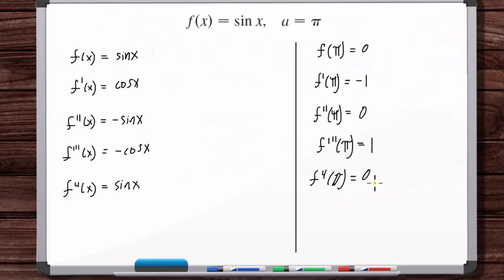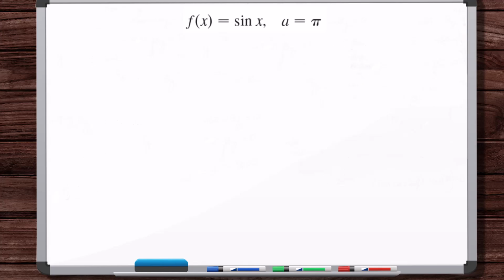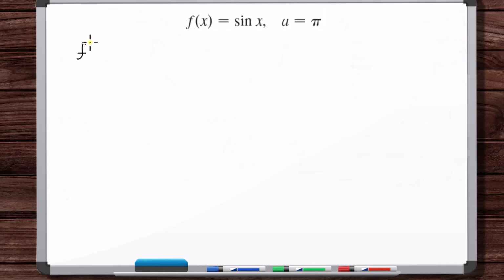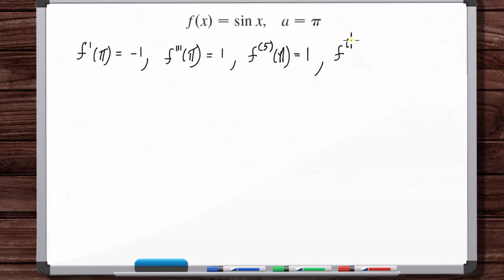Okay, so we can see the pattern there, but we've got these 0 terms. So let's divide by n factorial. So we start at -1, and then we alternate, every odd n.